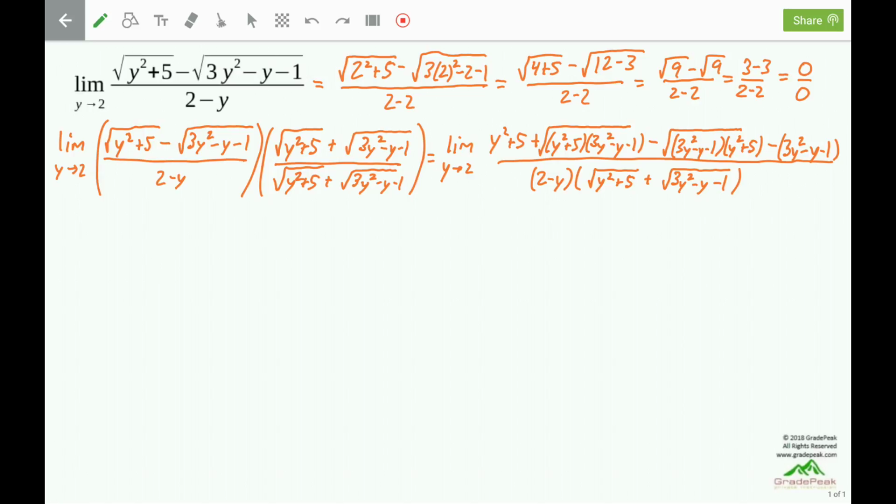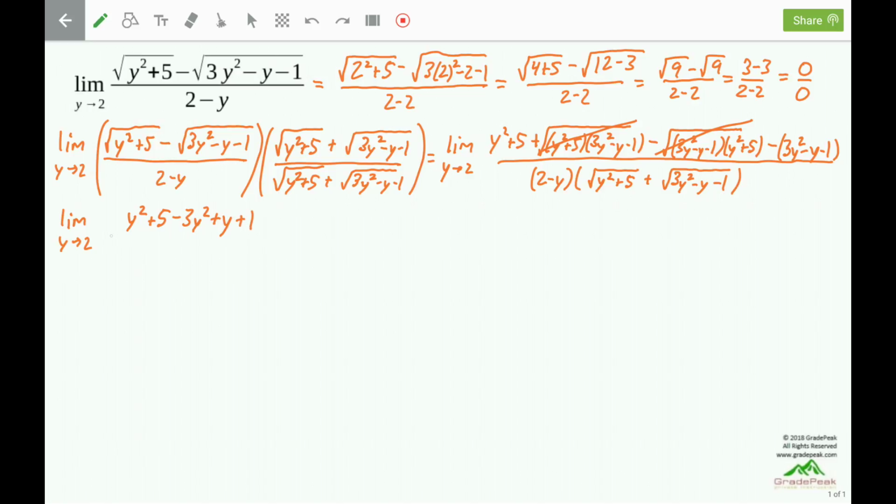In the numerator, in the root conjugates, the outside and inside terms are equal value, opposite sign always, and they cancel each other out. And then the other thing is that negative sign we need to distribute into this expression. That's going to be our next step. So that'll give us limit as y goes to 2 of y squared plus 5 minus 3y squared plus y plus 1.